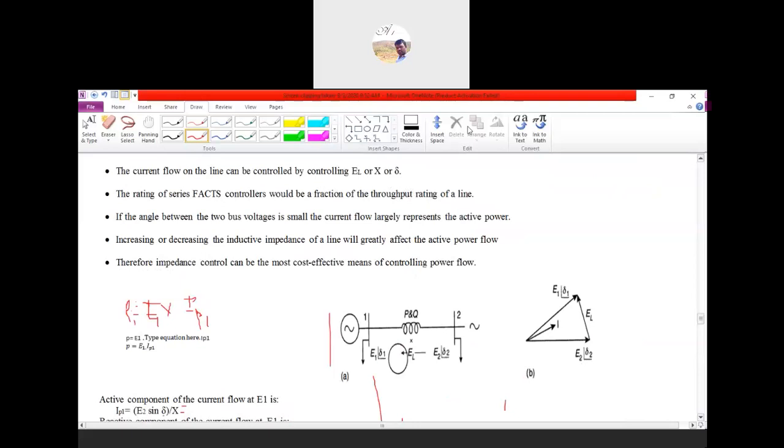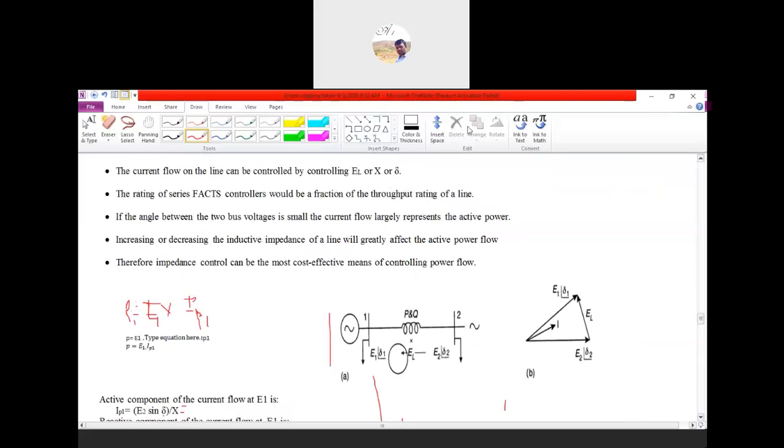If you consider the power angle, up to 90 degrees the power is increasing, and beyond 90 degrees it will decrease. So while it is 0 to 90 degrees, the power is increasing.